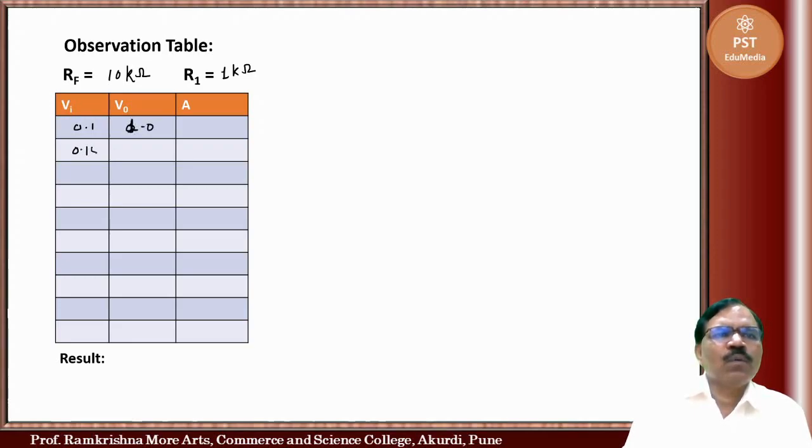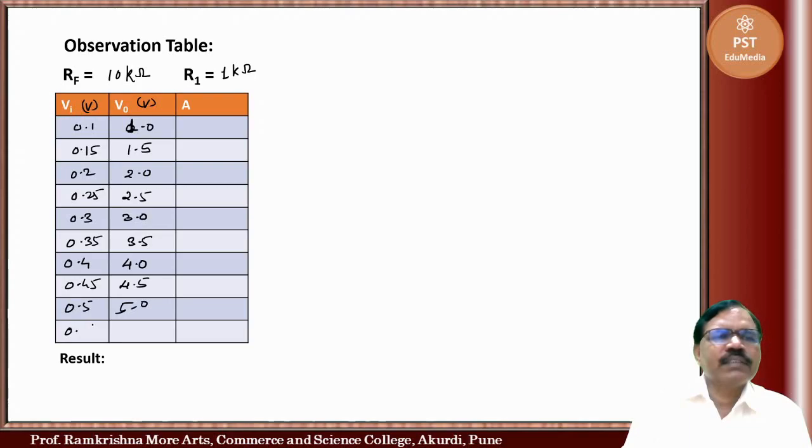For 0.15 we got 1.5, 0.2 we got 2.0 volt, these are peak values. 0.25 we got 2.5, for 0.3 we got 3.0, 0.35 we got 3.5 volt, for 0.4 we got 4.0, for 0.45 we got 4.5, for 0.5 we got 5.0, and for 0.55 we got 5.5.